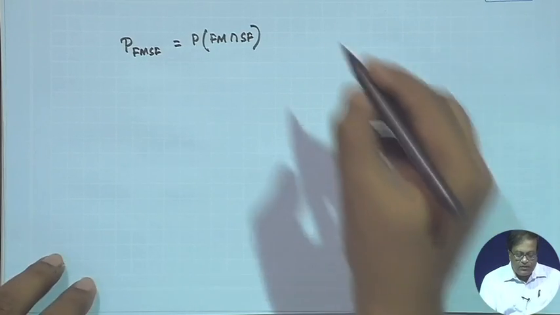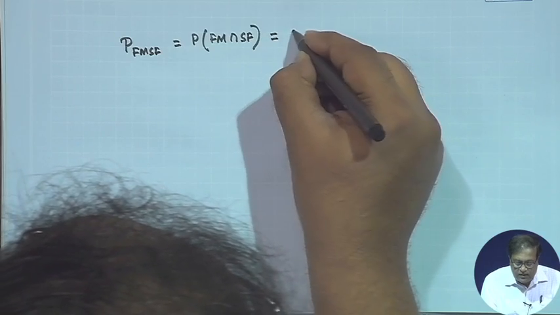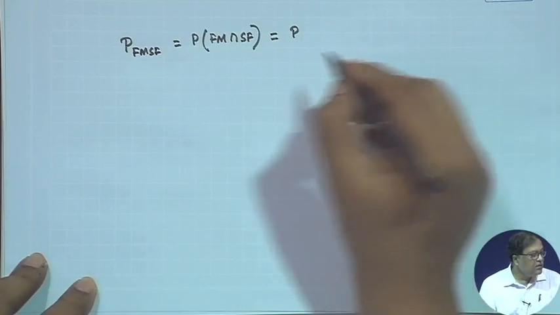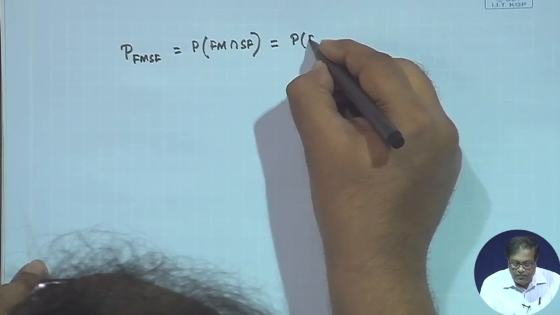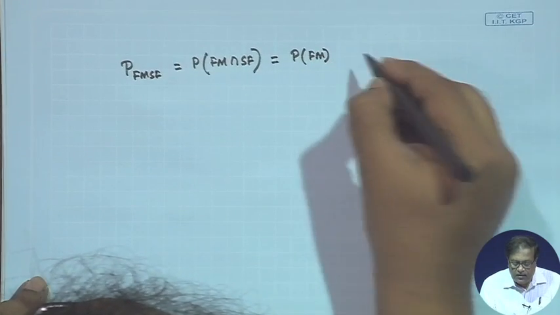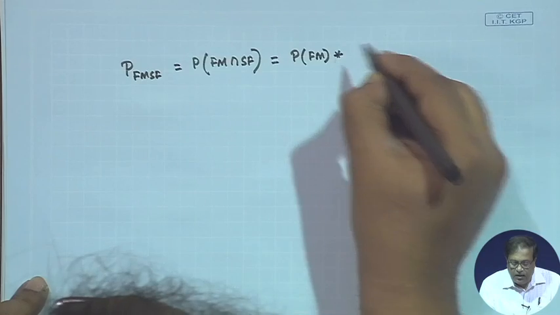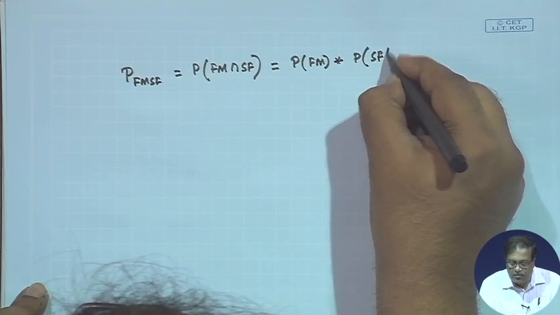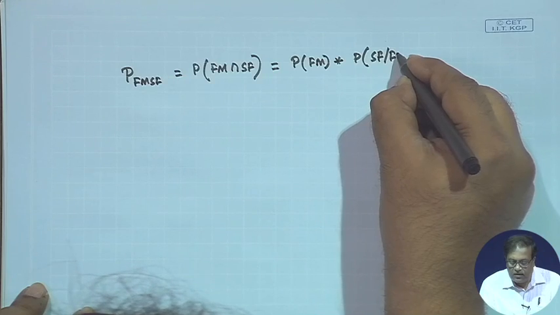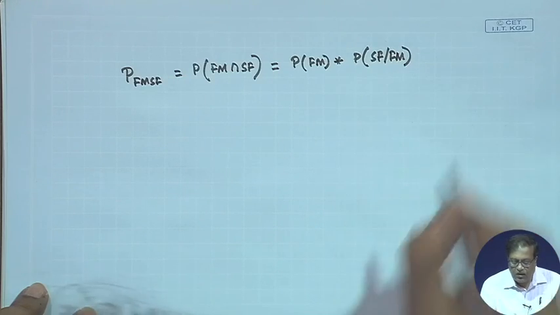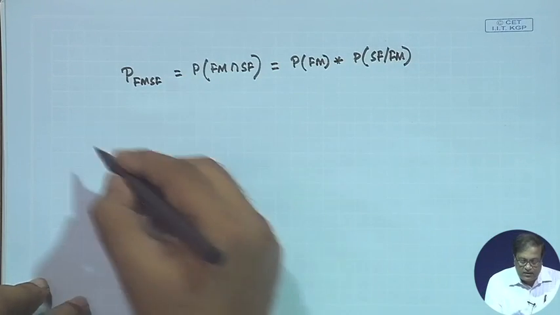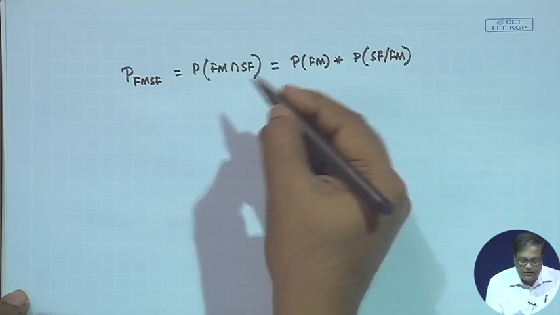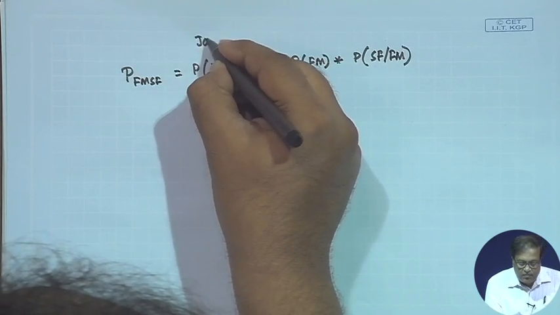So, again there are 2 probabilities. One is the a priori probability, which is the probability of FM, the favorable market, multiplied by the probability of survey favorable given favorable market. So, what are these? First of all we have to understand this is a joint probability.